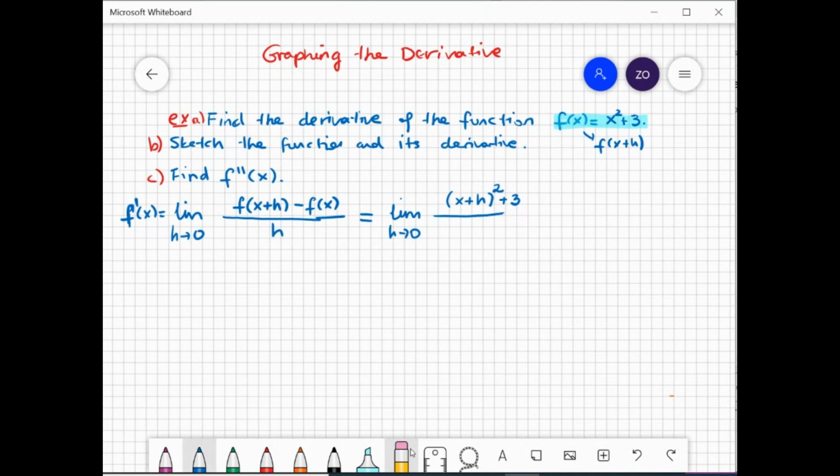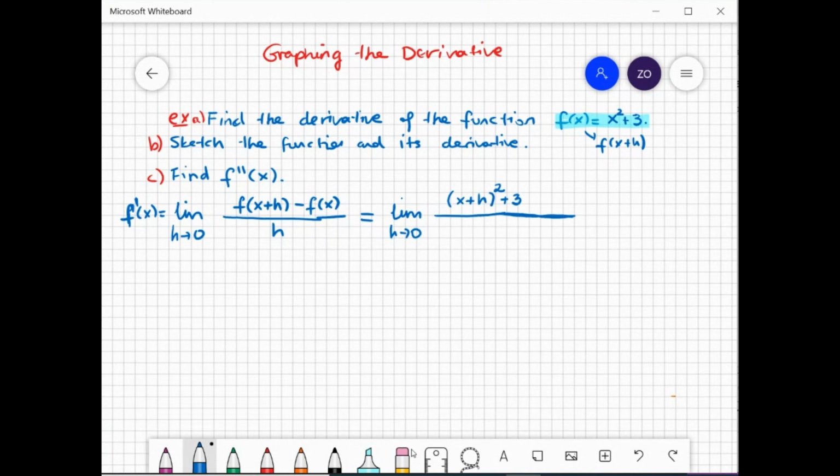Agreed? So we just plug in x plus h. The f function just squares everything and adds 3. So we just evaluate it at x plus h. This is what we get. So this part is f of x plus h, right?